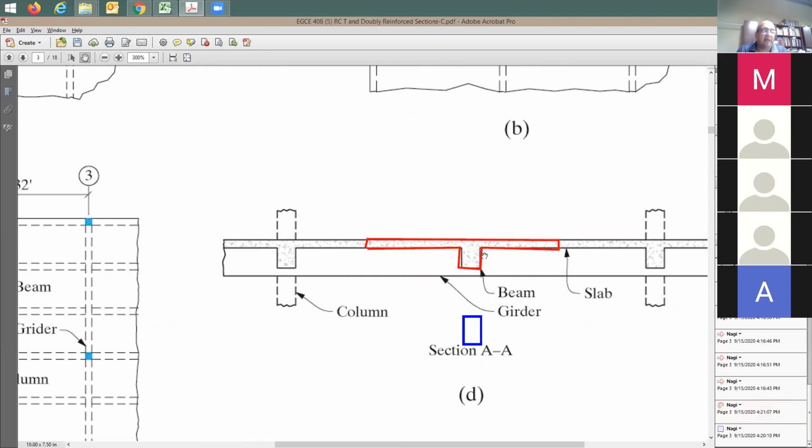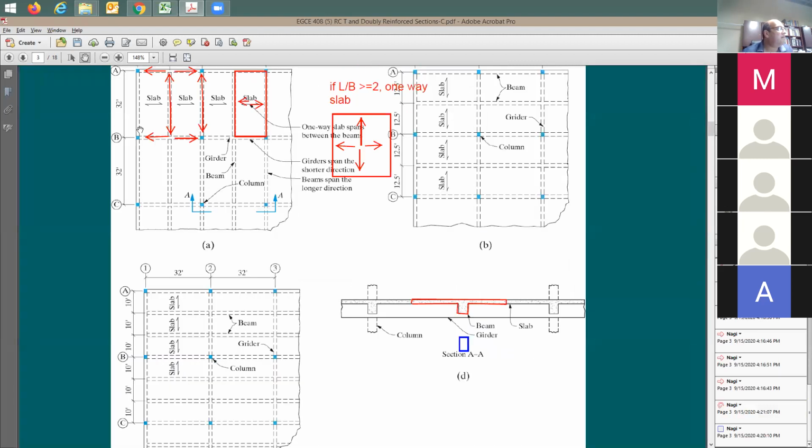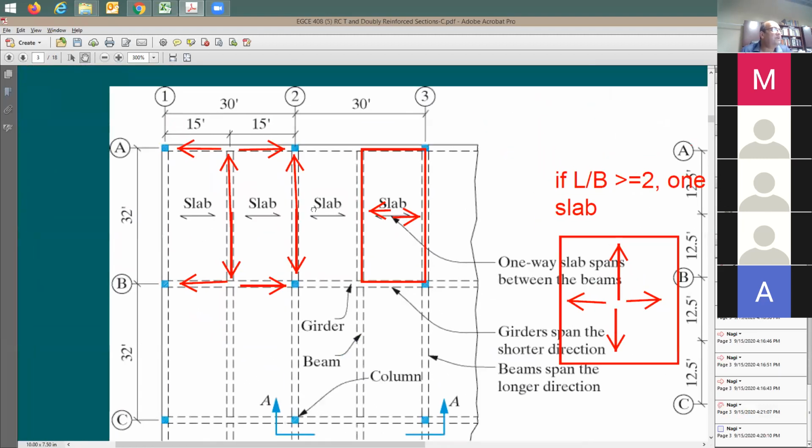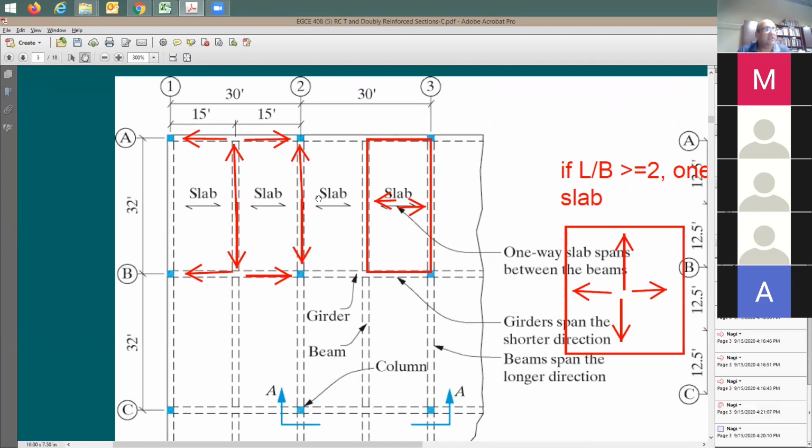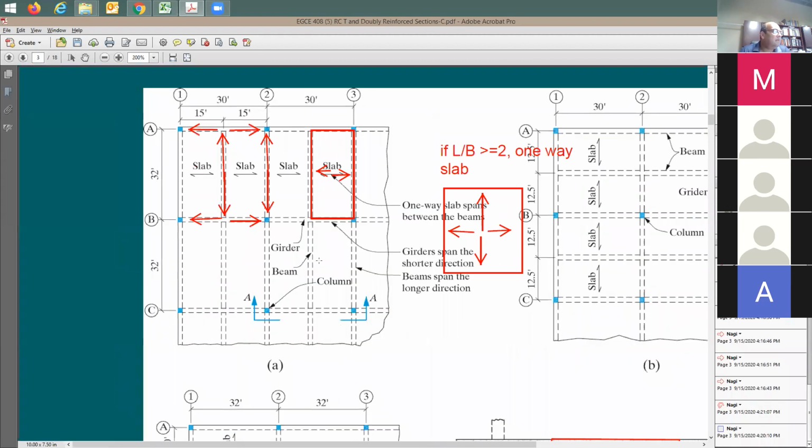So the first thing here, the width of the flange, I'm going to be taking half the way from one beam to the other beam. Now, how about here? Where is the flange width going to be? The flange width here is going to be almost equal to 15 feet. Why? Because I'm going to be taking it from this line all the way to this line. It's going to be the flange width throughout here.